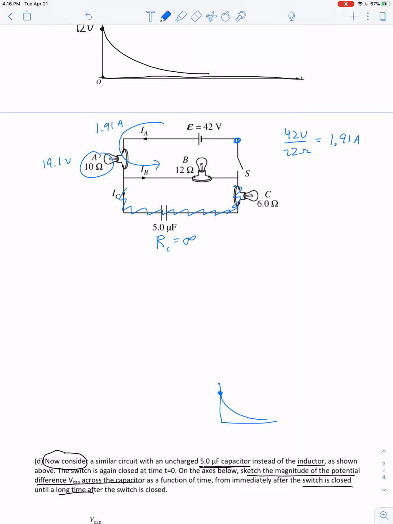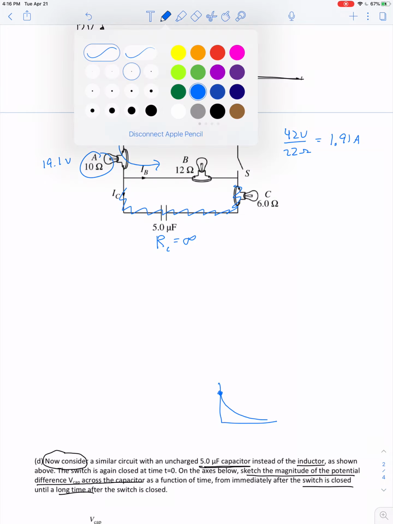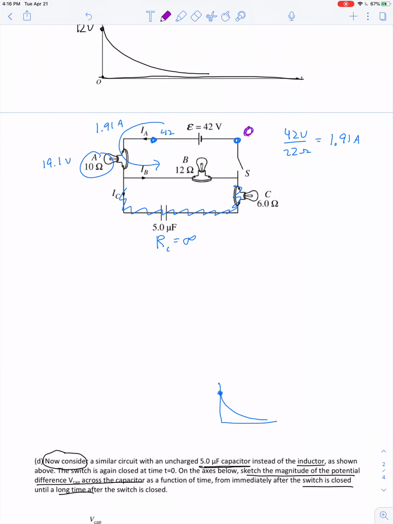So if the electric potential here is 0, and the electric potential here is 42 volts, 0 and 42, then the electric potential right here is 42 minus 19.1. So 42 minus 19.1 gives us 22.9 volts of potential difference.